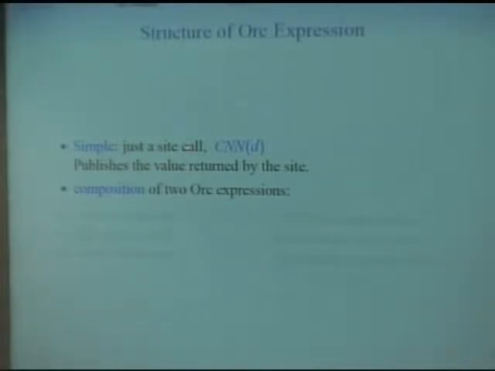But then, once you have expressions, you can build longer expressions by combining them. You can combine two ORC expressions in three different ways. So there are three combinators, and each of these combinators does something different. So doing two expressions f and g in parallel is written in this style. You put a bar between them, f | g.